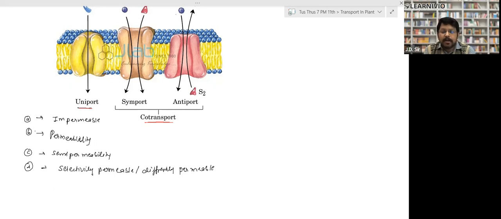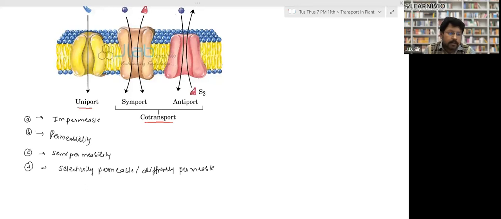Semi-permeable means only a particular size of substance can cross through the membrane, like water. But in selectively permeable or differentially permeable, only a particular type of substance will pass when it is required.